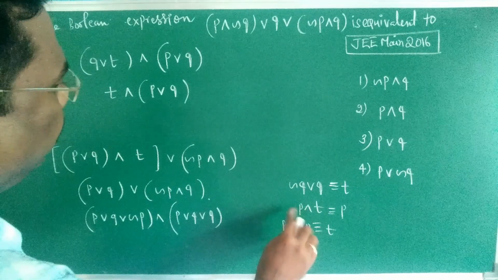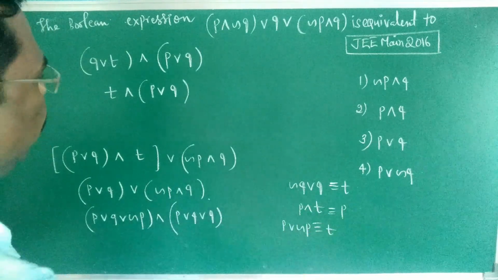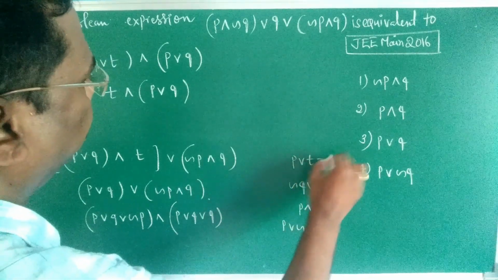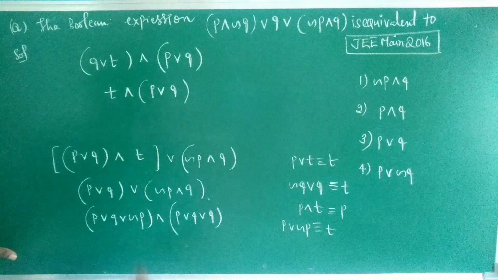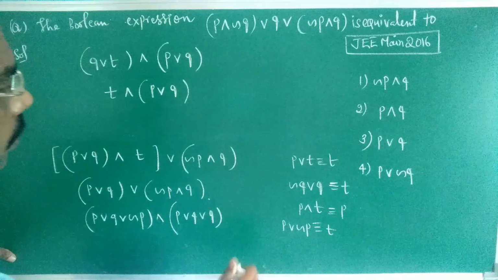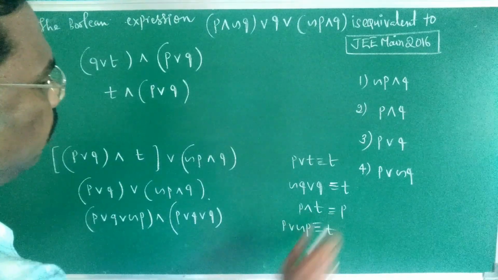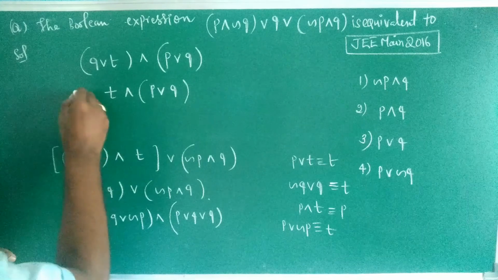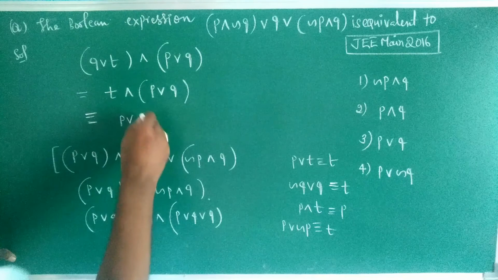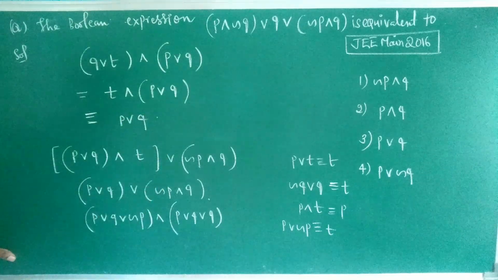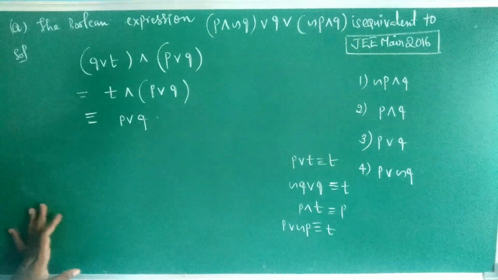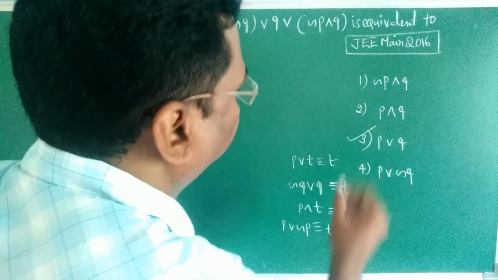Now T and (P or Q) is logically equal to P or Q. Now also T and (P or Q), so that value is equal to P or Q. Now P or Q means option 3 is the correct one.